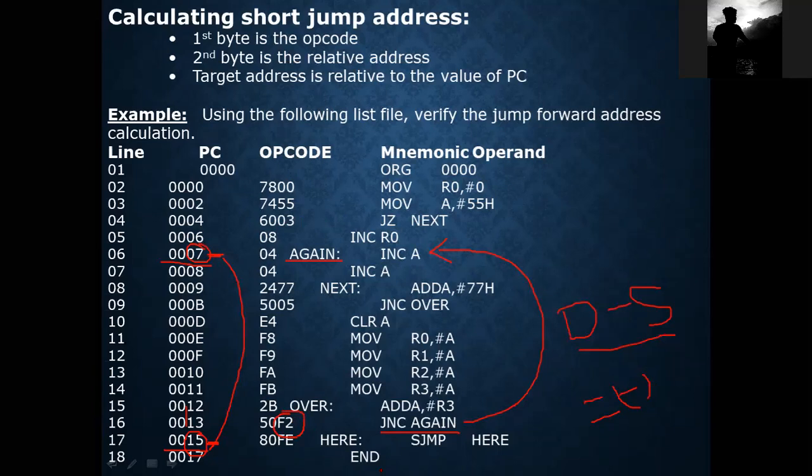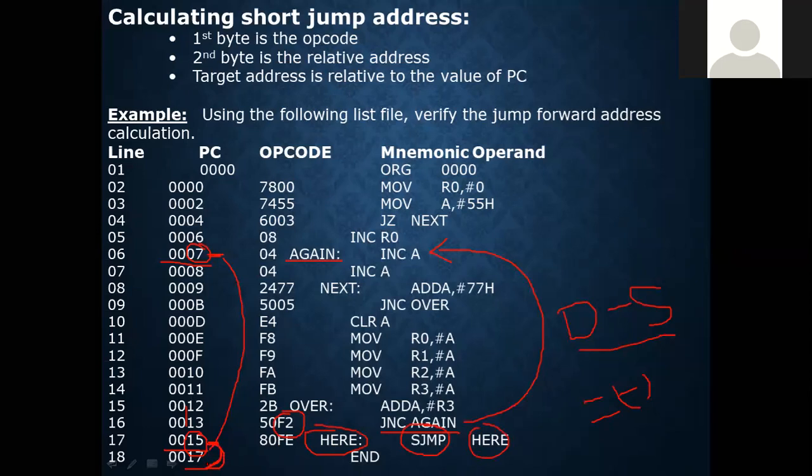Understood or not? Yes, sir. Okay. And similarly, whenever executing this SJMP here, you can see this SJMP is in the same line. Same line means the program counter value while executing this one will be 0017, and this is 0015.